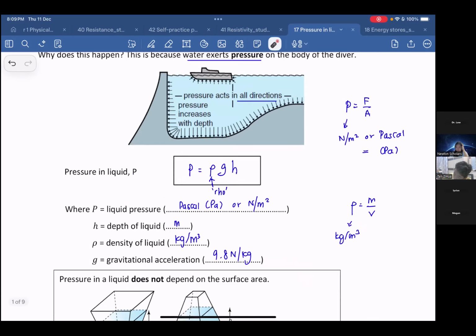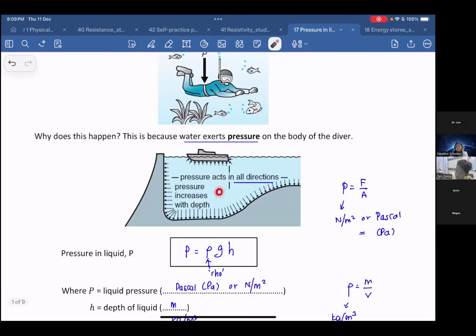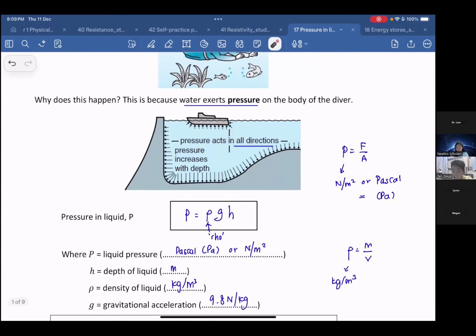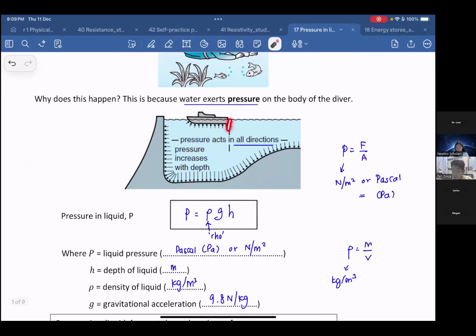If I want to know the pressure at this point, the depth is from the surface until this point, not from the bottom going up. Depth is from the surface until the point you want to measure.